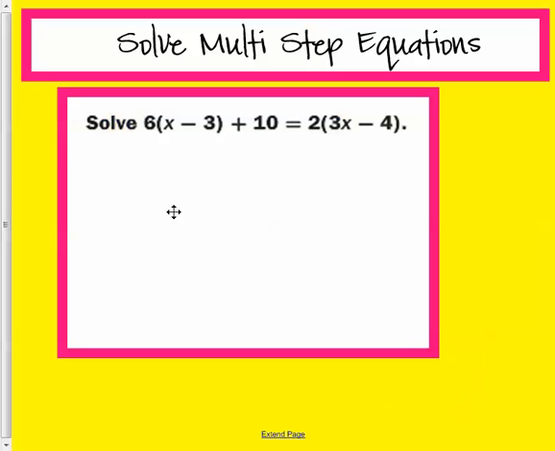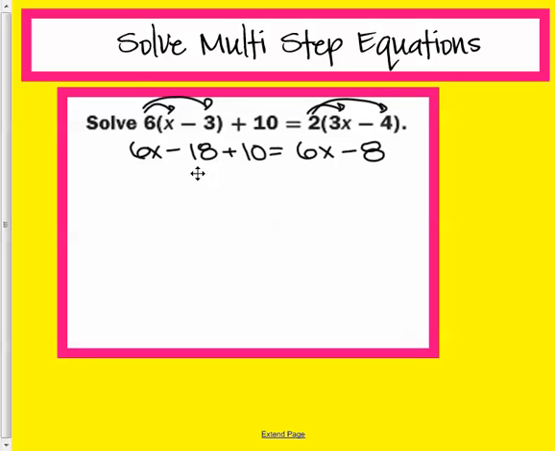Let's try this one. First, let's simplify. So we get 6 times x minus 18 plus 10, and then over here, 2 times 3x is 6x. 2 times a -4 is a -8. So we get 6x minus 8 equaling 6x minus 8.